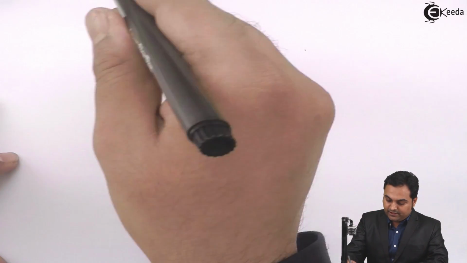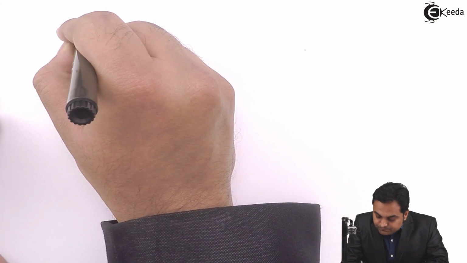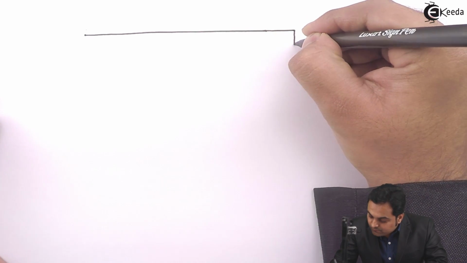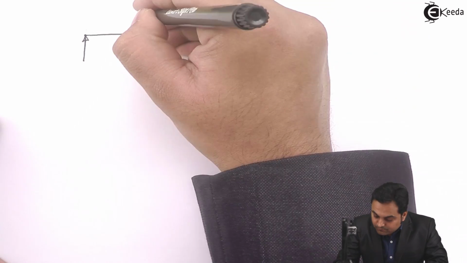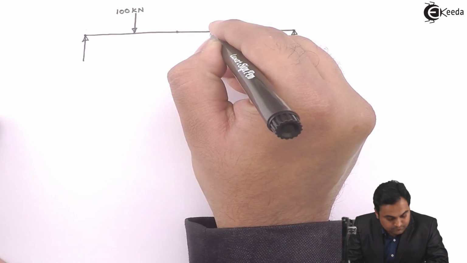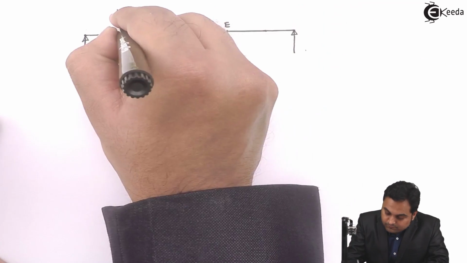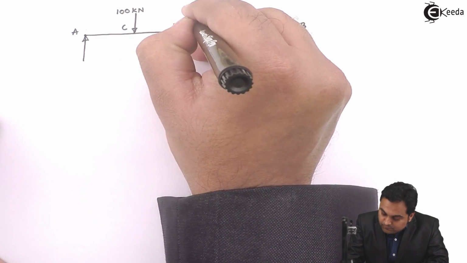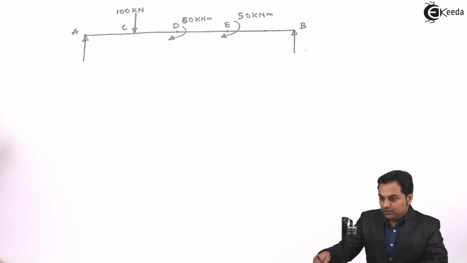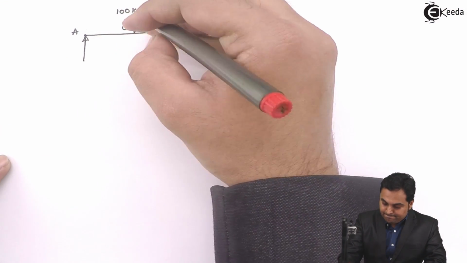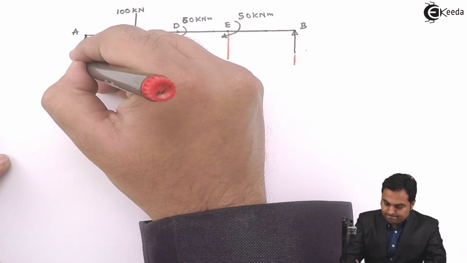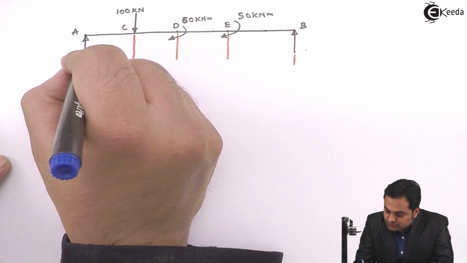That is, here I'll draw that beam again which is given in the problem. Now here I am drawing the beam diagram again, with the dimensions also.